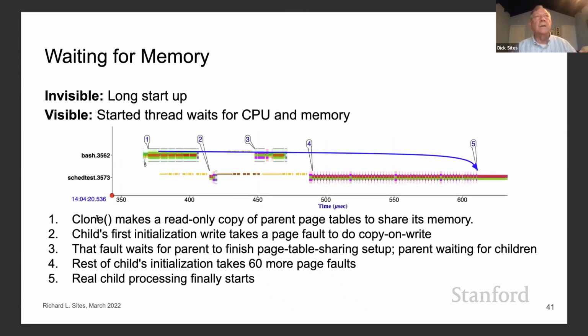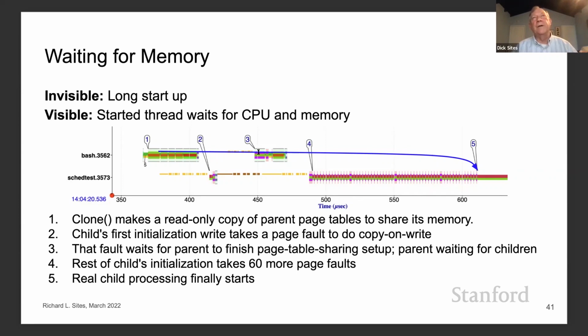So in detail, at step 1, this clone makes a read-only copy of the parent page tables. At step 2, the first child takes its first page fault, trying to access one of those, but it can't access them because the parent hasn't actually finished initializing the shared page tables. So this guy blocks waiting for memory access.